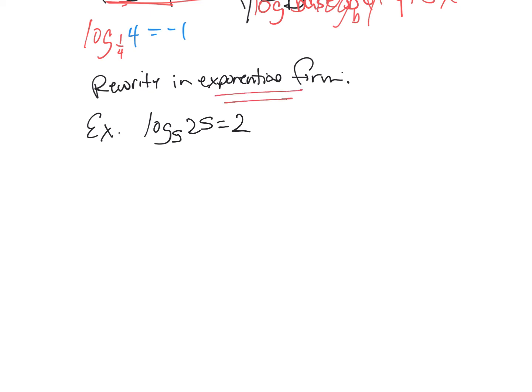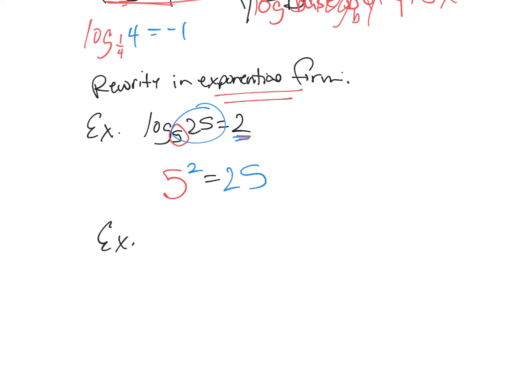That means I have to have a base to a power. So this is my base of 5 to the power of 2 is 25. And 5 to the power of 2 is 25.